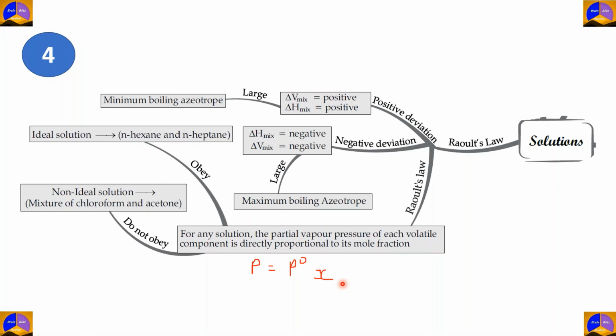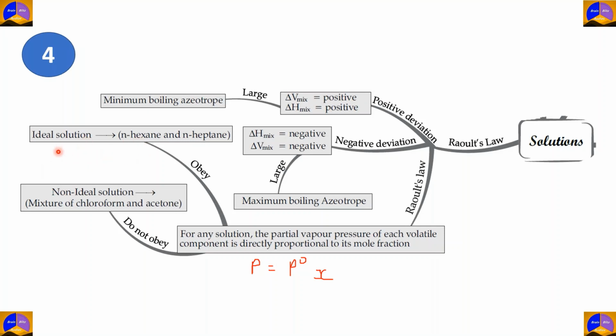Now, based on Raoult's Law, we can divide solutions into two types: ideal solutions and non-ideal solutions. A solution which obeys Raoult's Law is termed as an ideal solution. The enthalpy of mixture and the volume of mixture will be equal to 0.